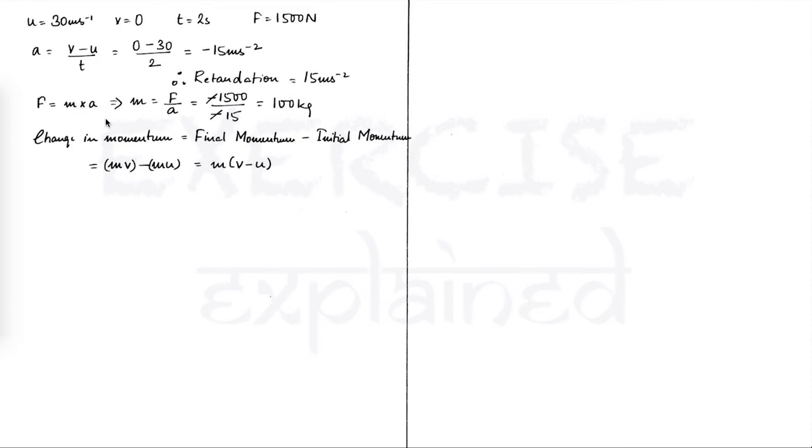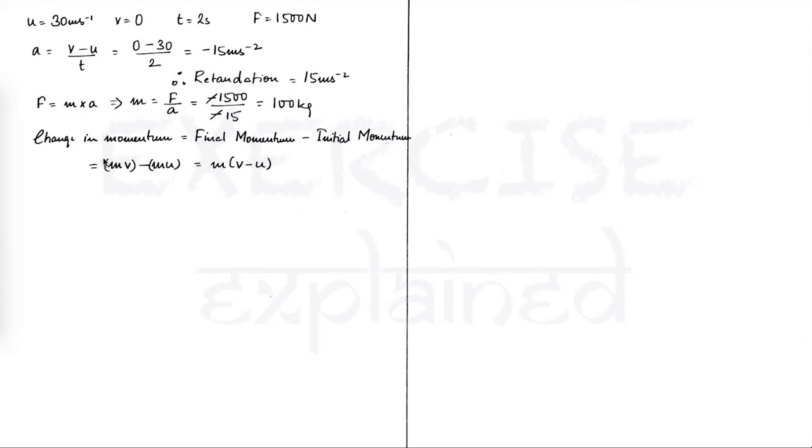The change in amount will be 100 minus 60, that happens to be 40 rupees. Similarly, whenever they ask you change in momentum, you need to understand that it's going to be final momentum minus initial momentum. If they would have asked change in velocity, we would have done final velocity minus initial velocity.